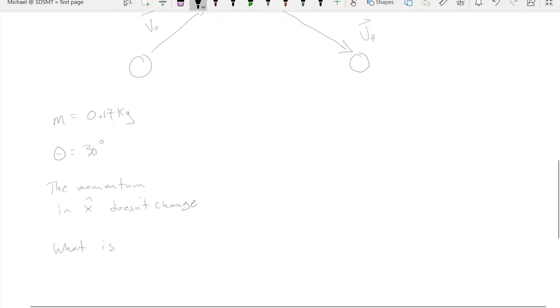What is the impulse of the ball? That's our first question.